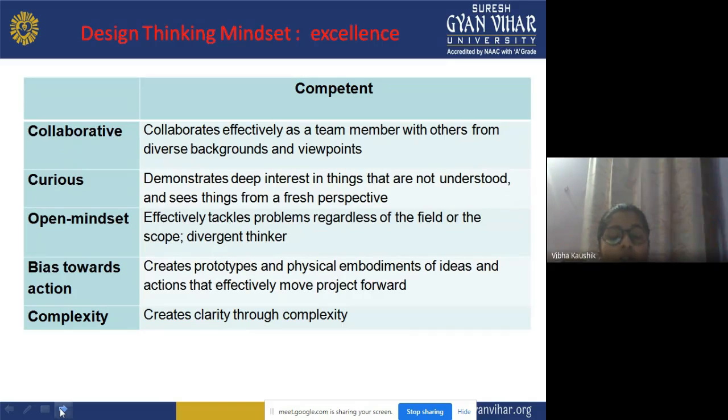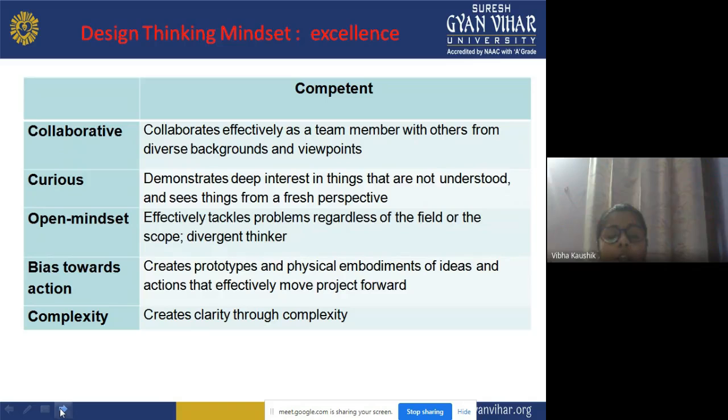It means you have to show deep interest in things that are not understood by you, and see things from a fresh perspective. Then only you will get new solutions to the problem. If you look at a problem from the older perspective, then new solutions will not come to your mind.